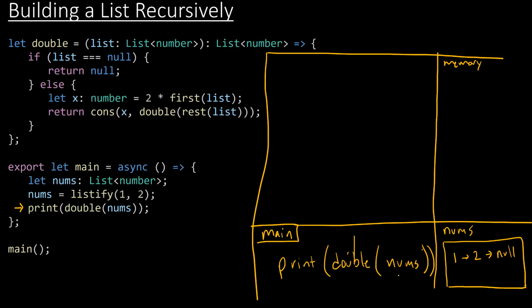Well, this nums variable is referring to the nums in memory, and that's going to be substituted with 1 to null. All right, and so now we've reached this call to the double function with 1 to null as our argument. So we're going to drop a bookmark, and we're going to say, all right, let's go figure out what is double with the argument 1 to null.